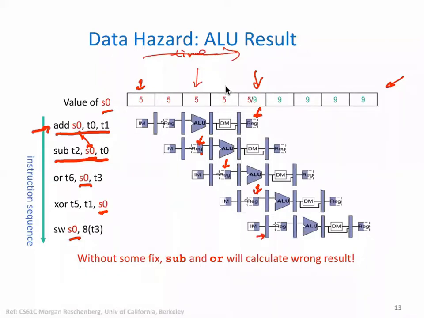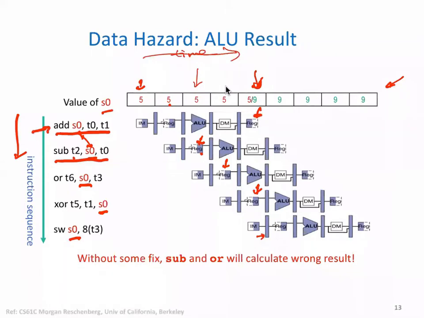So the value of S0 after execution of the first instruction is 9. 9 is the correct value, right? But if we execute this instruction sequence as it is, then the second instruction will take the value of 5, because this S0 value is 5.